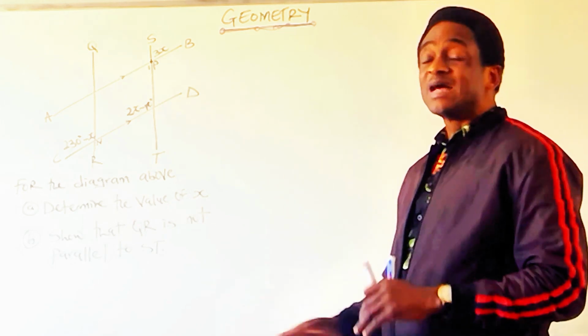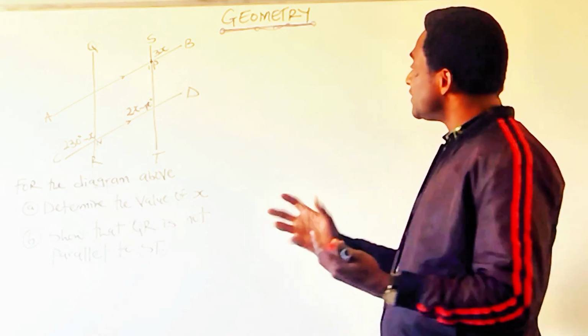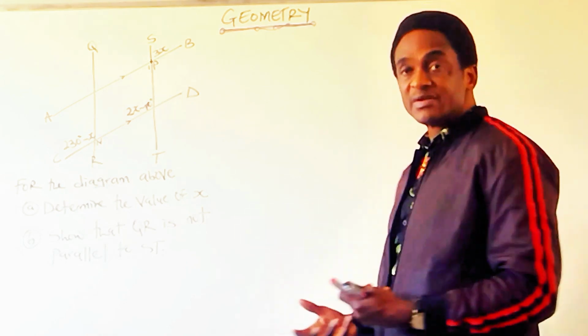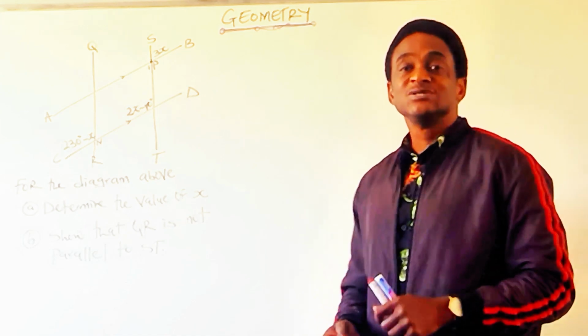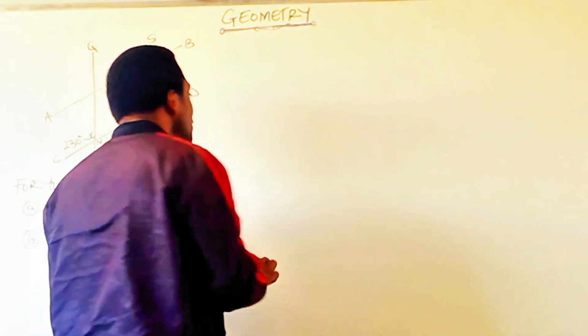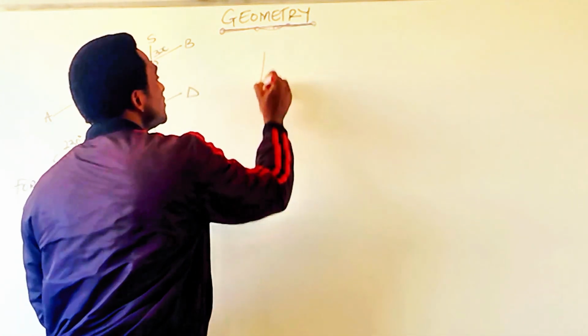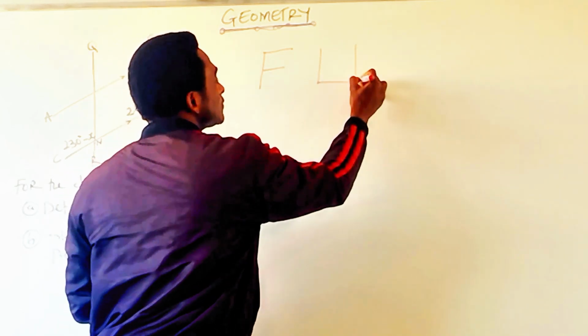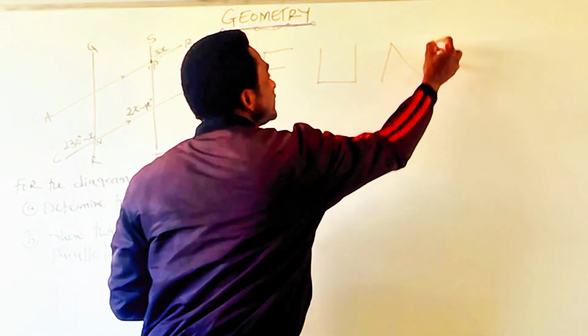Before I explain this, I want to generally describe what happens when we have parallel lines. For parallel lines, we have three fundamentals that we look at, and we use the acronym FUN to explain them. So what does FUN mean?